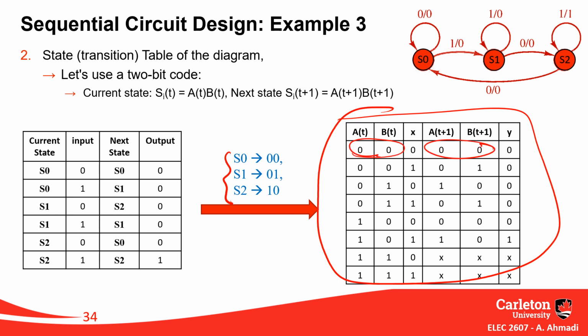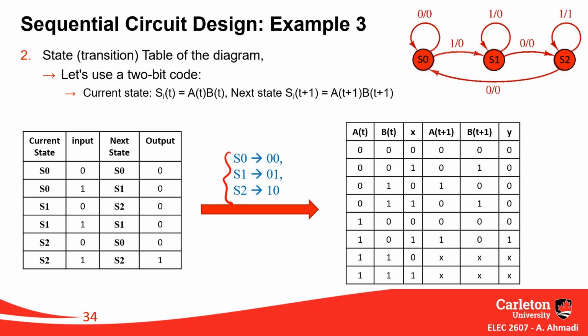So how many K-maps do you need? You need one K-map for A, one K-map for B, and one for the output, if you use D flip-flop or T flip-flop. If you use JK flip-flop, you need two K-maps for A, for J and K, and two K-maps for B, J and K, and one K-map for Y, right?